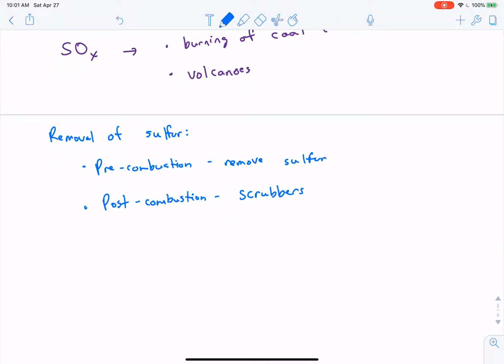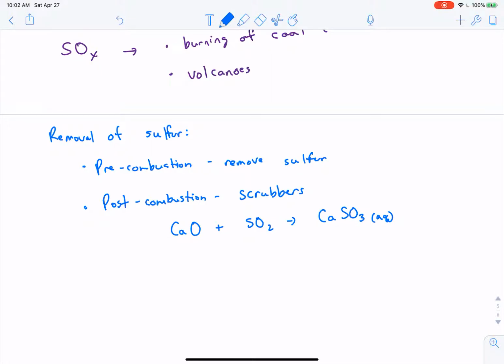So chemical scrubbers in the smokestacks, and that is calcium oxide, because that reacts with the SO2 to form calcium sulfite.